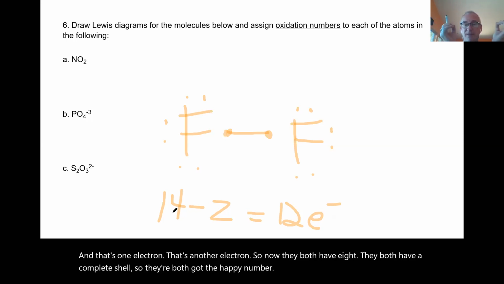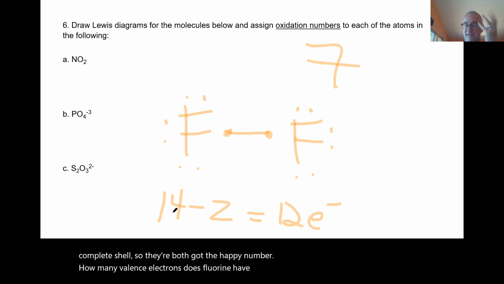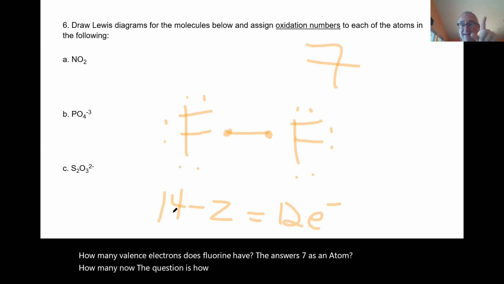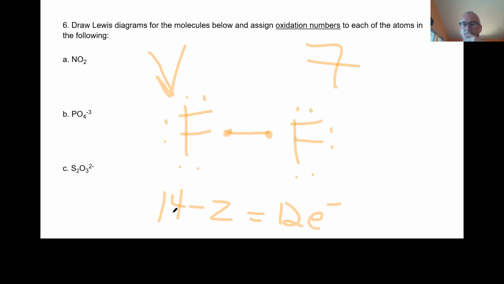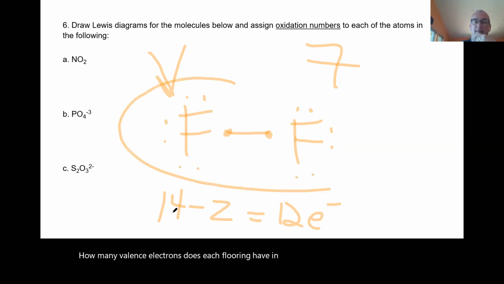How many valence electrons does fluorine have? The answer is 7 as an atom. Now the question is, how many valence electrons does it have as a molecule? How many valence electrons does that fluorine have? Can you repeat the question again? How many valence electrons does each fluorine have in this diagram right here?